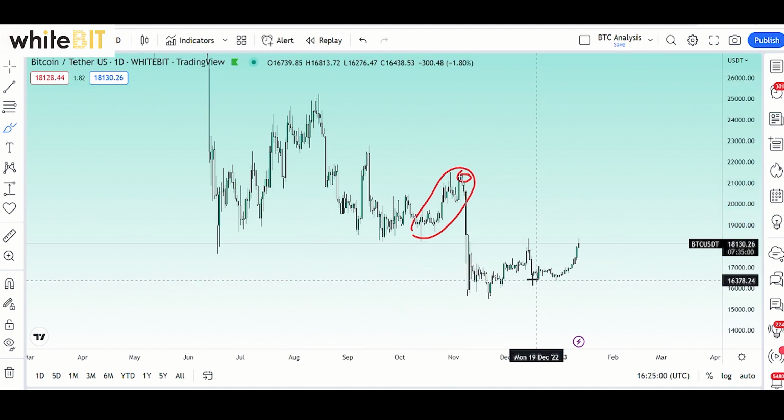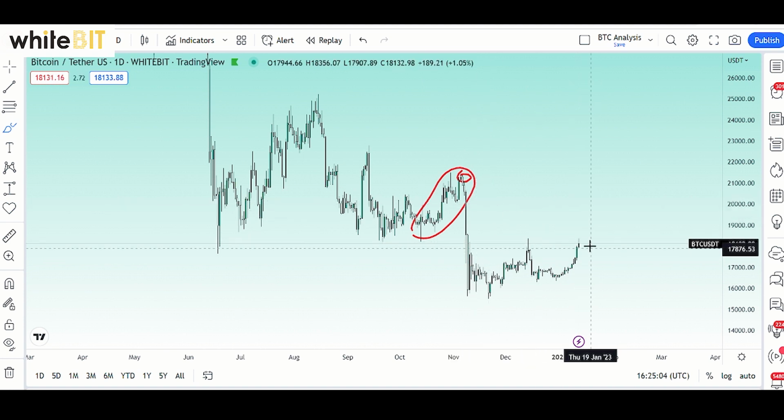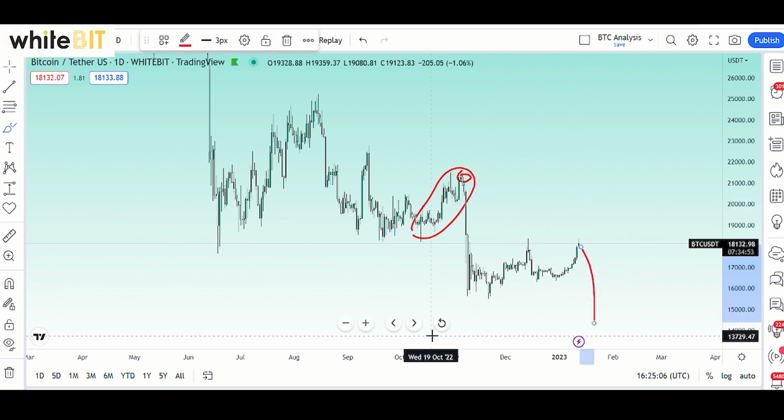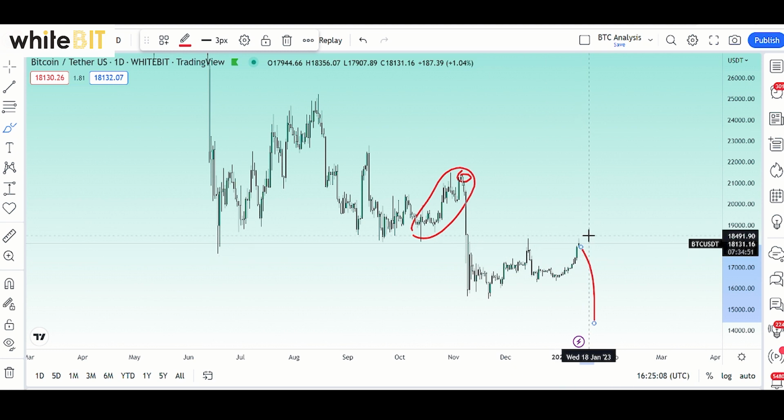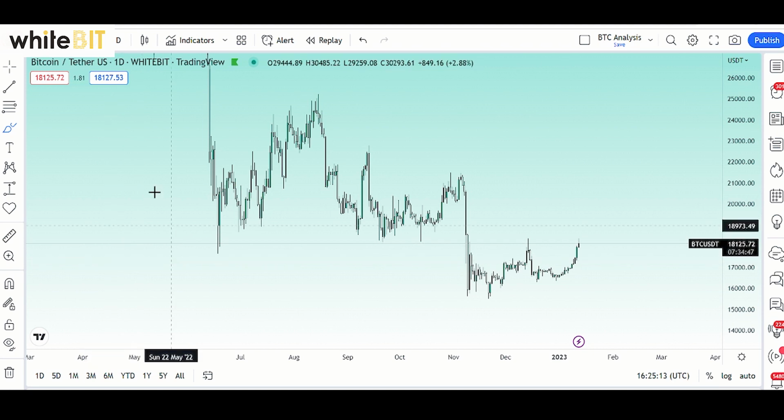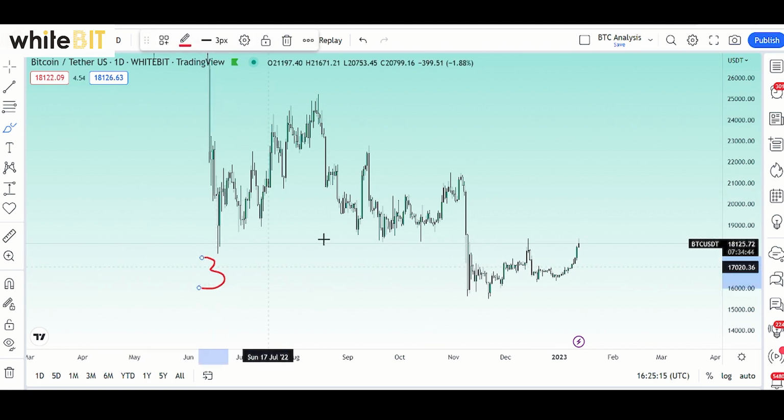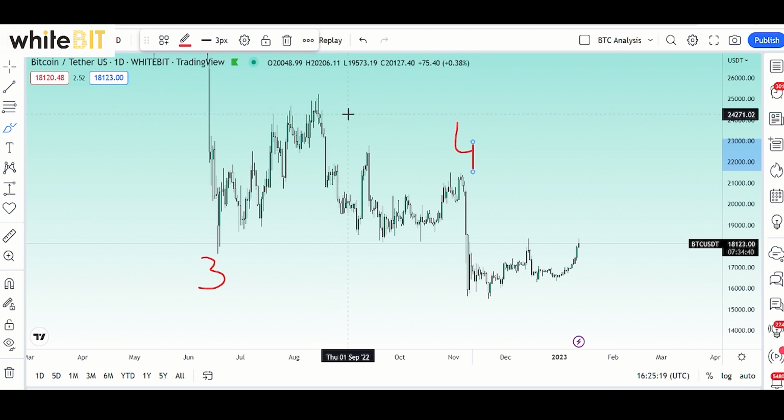And yesterday I wanted to catch a similar dump, but the market decided to change my mind, and now I consider that here was wave 3, it's the same, and here was wave 4, because the corrections usually are very ugly, and now we are in wave 5 only now.